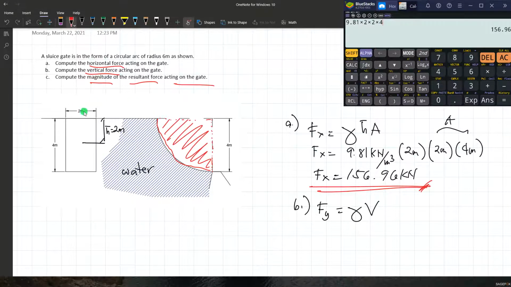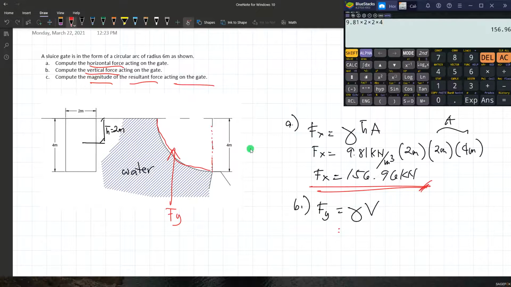So we have an area of a quarter circle and we have a width of 2 meters. Since this is not filled with water above this curved gate, it means our force is upward. The direction of our force is upward.